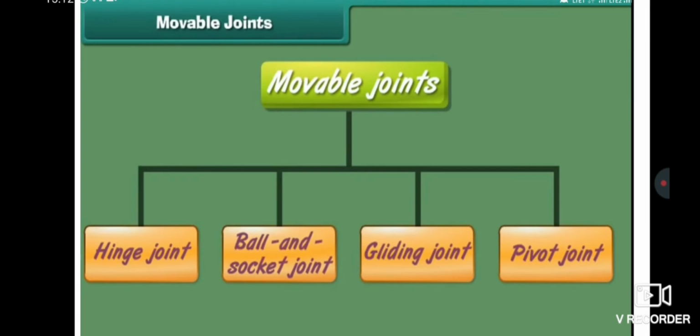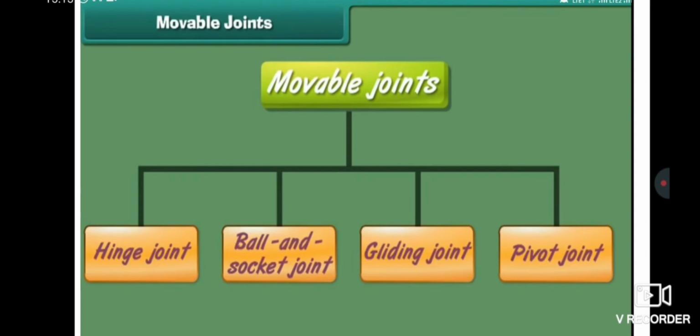So children, now it's time to learn about movable joints. As you know about immovable joints, fixed joints, now we come to movable joints. In your higher classes you will study some partially movable joints, but here only two kinds of joints are there. These are immovable or fixed, and the second one is movable.